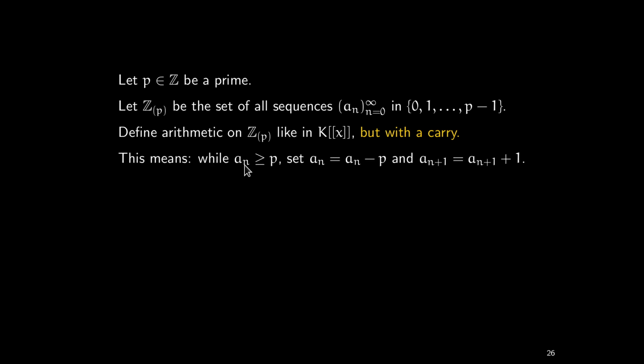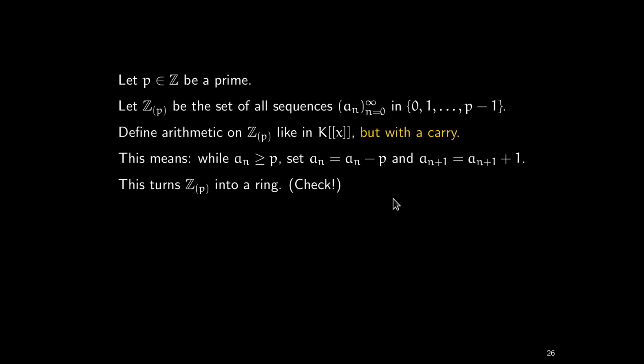So whenever you have a computation where one of the sequences has an entry that is larger than or equal to p, then you keep subtracting a p from that term of the sequence, but then increasing the next term. Like when you add two integers, and in a certain digit you get more than 9, well, then you keep some digit, but the overflow goes into the next digit.